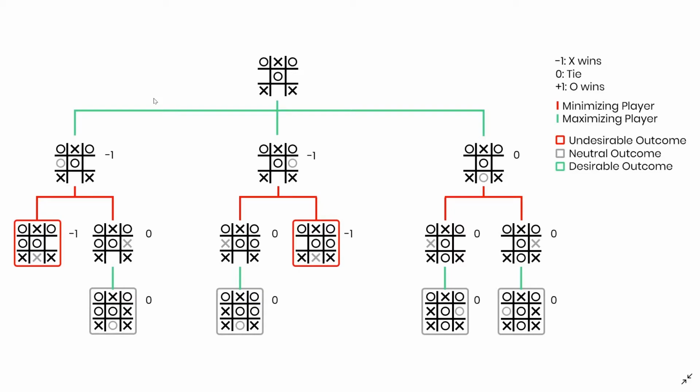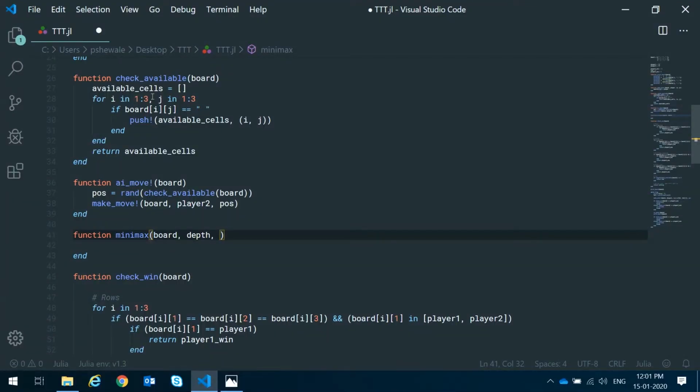Like instead of winning 4 moves into the future, if you could win 2 moves into the future, that would be better, right? So we want to make that choice instead of the 4 move one, but we're not gonna include that in our code here.